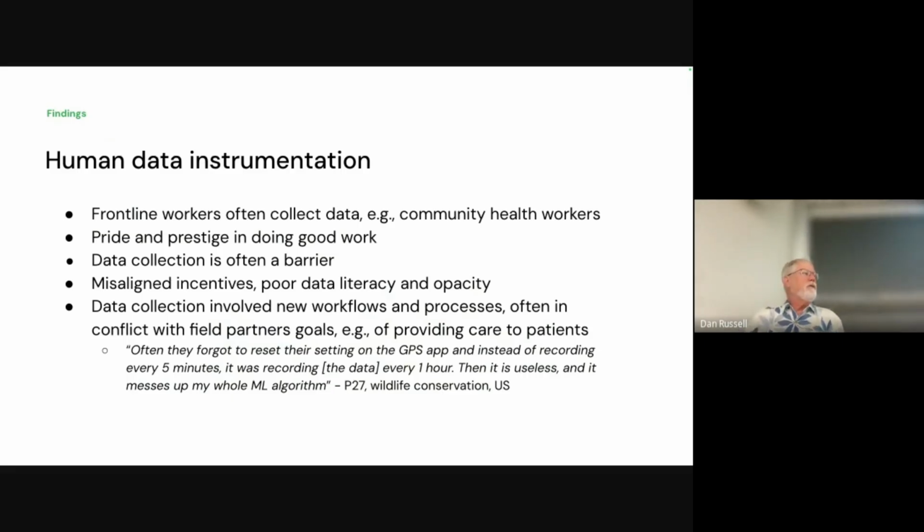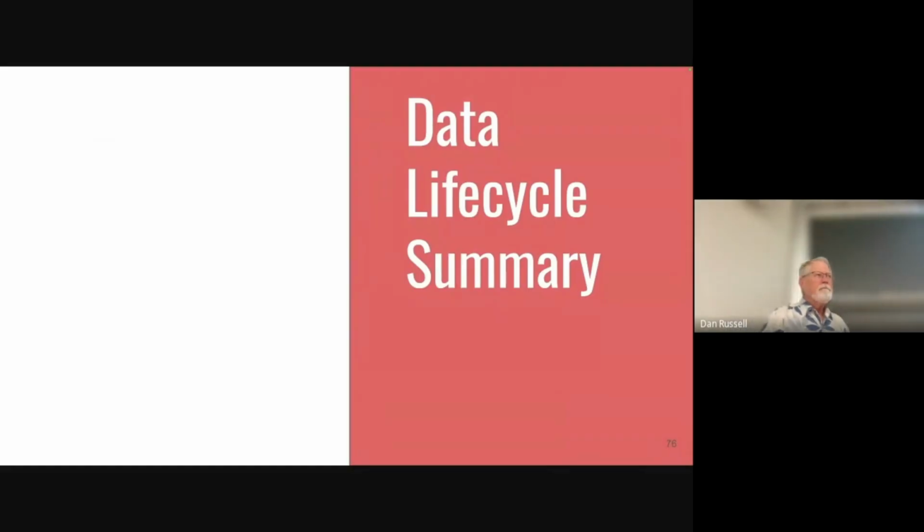The example here from Nithya's study is that often the data collectors forgot to reset their GPS app, instead of recording every 5 minutes it recorded every hour. That totally screws up the location data. They weren't told that. That meant that an entire year's worth of data had to be trashed. You can make a mistake early on in the data cascade and invalidate your entire data.